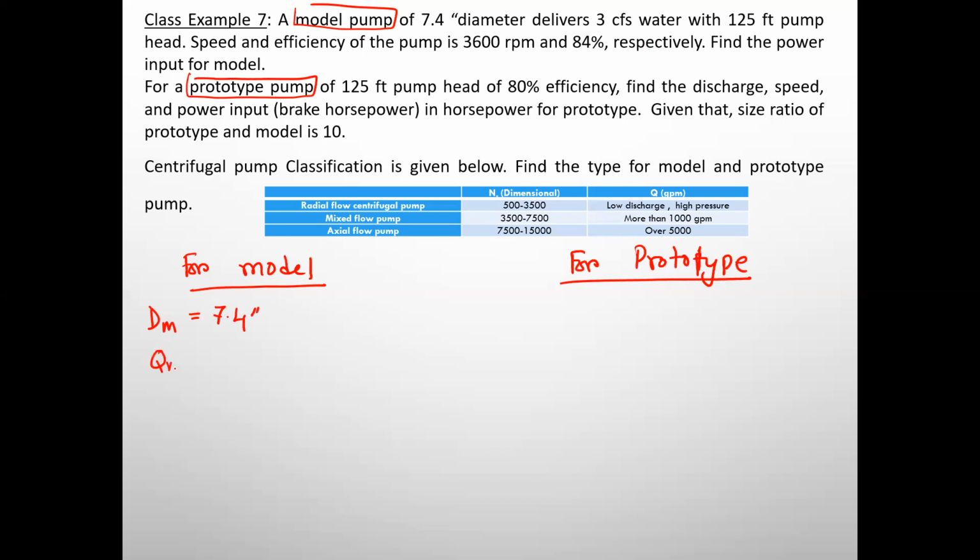We have QM, which is 3 CFS. We have pump head, which is 125 feet, and the efficiency M, and the rotational speed M. Rotational speed M is 3600 RPM, and the efficiency is 84%. And we need to find the power input.